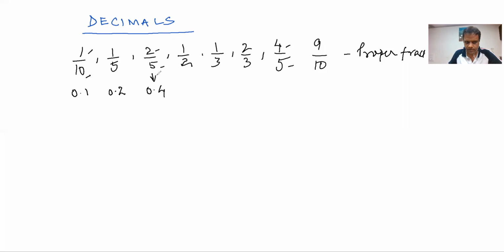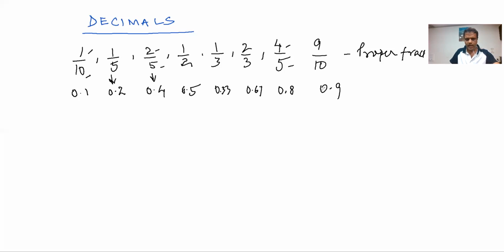I'm just converting these fractions into decimals. 1 upon 2, we all know it's 0.5. 1 upon 3 will be 0.33. 2 upon 3 will be something like 0.67. 4 upon 5, 5 8s are 40, so 0.8. And this is a simple one, 0.9.